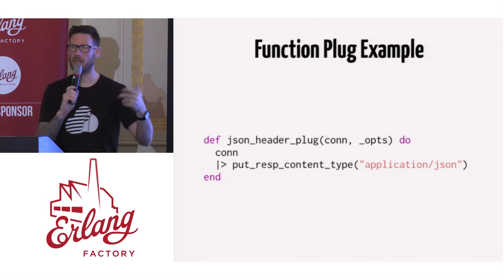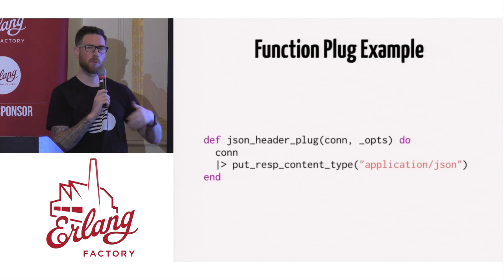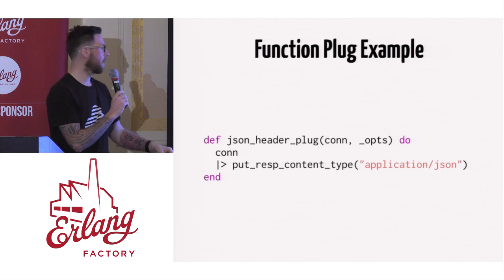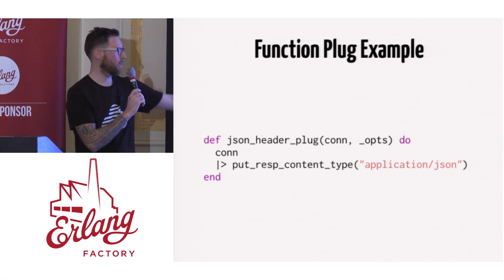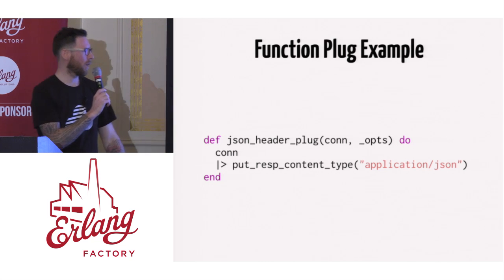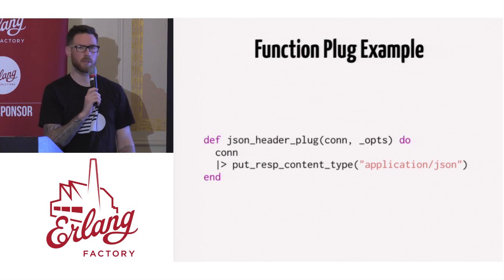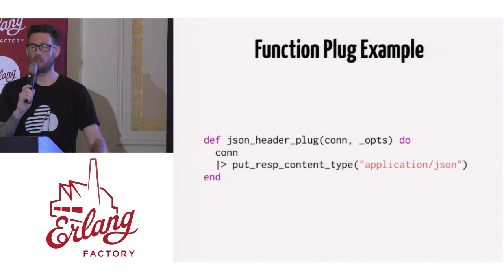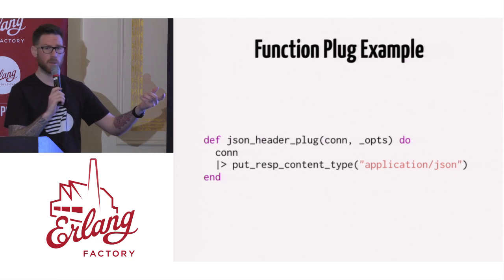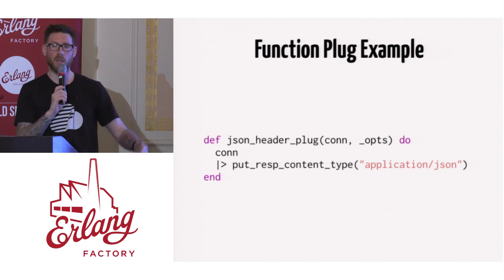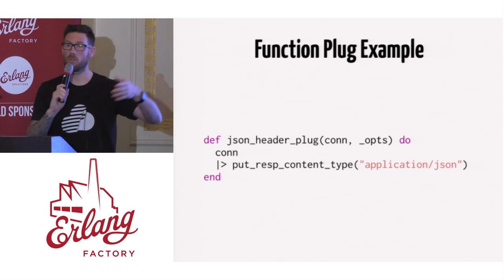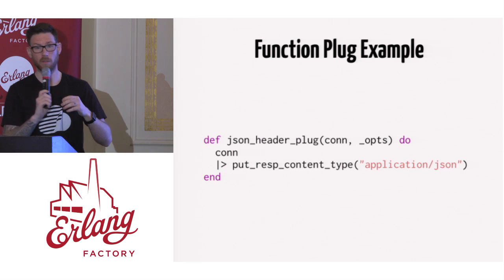It's going to be an empty list for the most part, but it could be anything that you want. And we just take this conn and pipe it into put_resp_content_type, which is also a plug that comes from the Plug library itself. And we're just telling it, go ahead and put in content type application/json for the response header.